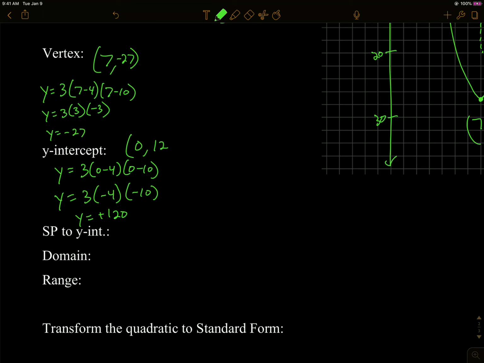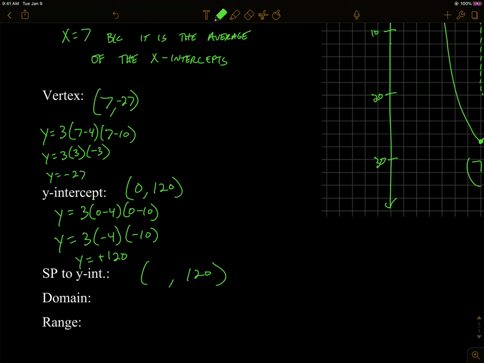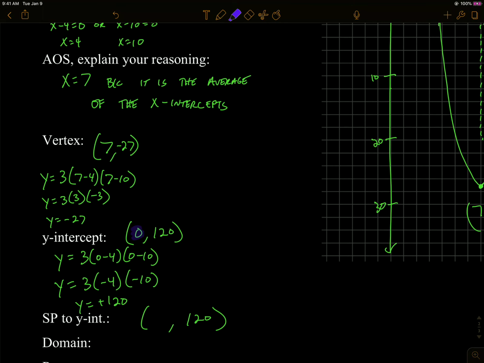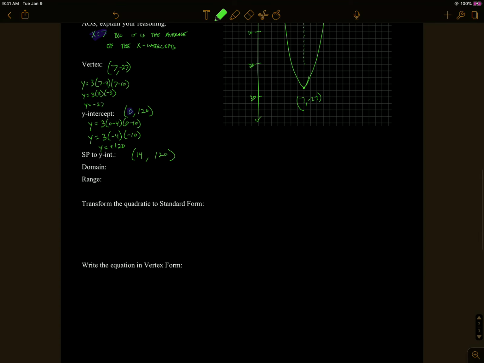The y-intercept is (0, 120). The symmetric point will be something, 120. So let's see. If my x-intercept is 0 and my axis of symmetry is at 7, that means it's going to be (14, 120). So we don't need to graph those because we don't have enough room.